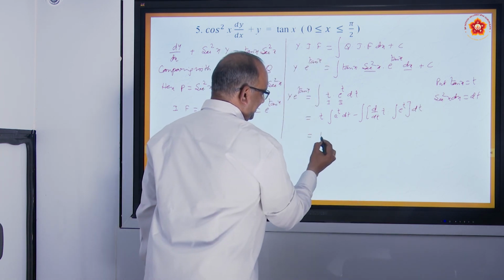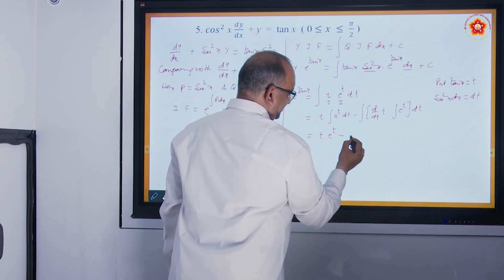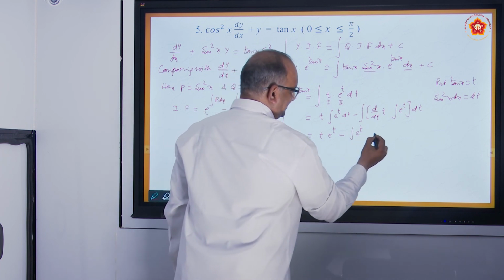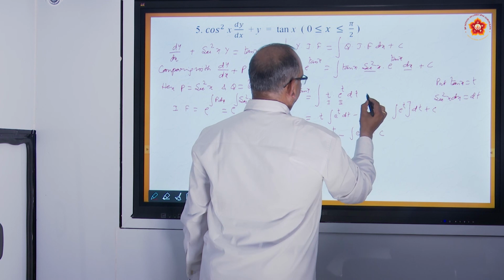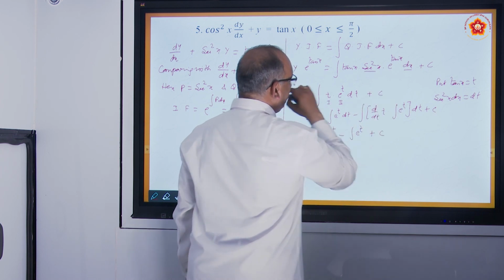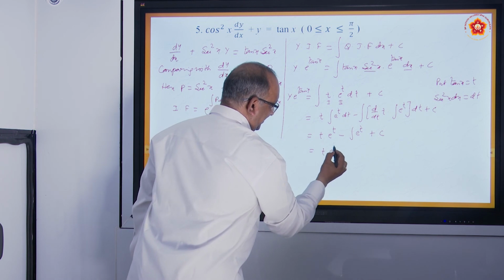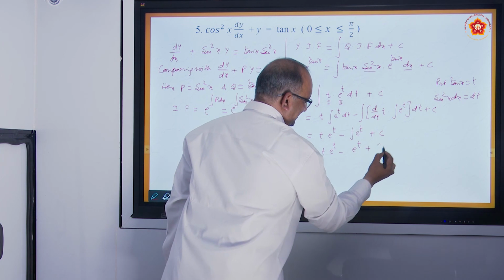So it is t e to the power t minus 1 into e to the power t plus c. So this becomes t e to the power t minus e to the power t plus c.